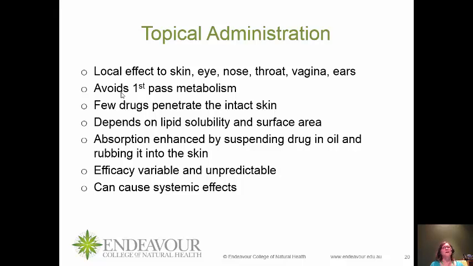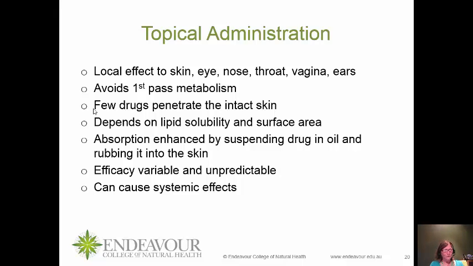Way less first-pass metabolism. But once again, as we saw with the pulmonary route of administration, there are very few drugs that lend themselves to topical administration. For the intact skin to be absorbed through, the formulation would have to have lipid substances, and the drug itself would have to have some lipid solubility.